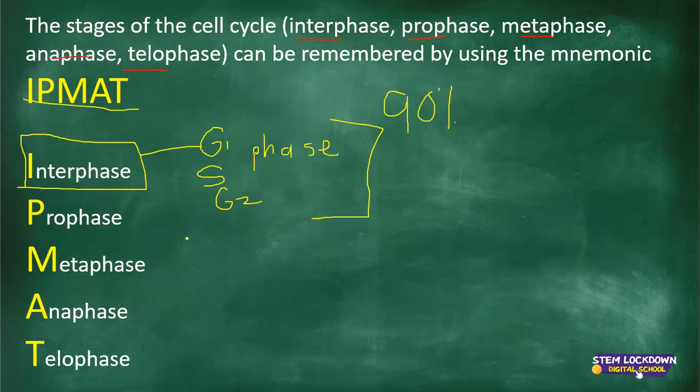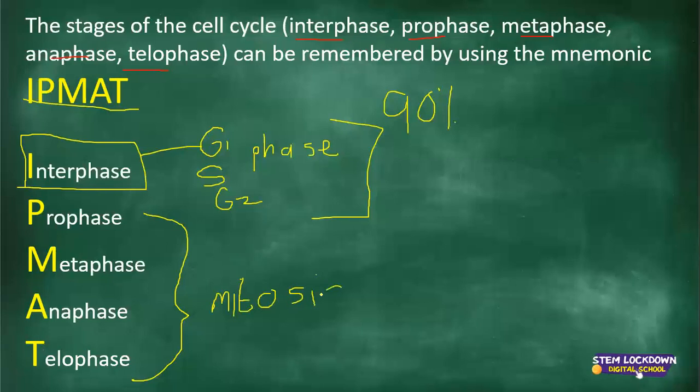And then these 4 fall part of mitosis, which is the first part of the mitotic phase. The last part in the mitotic phase is the cytokinesis. So the remaining 10% is accounted for by mitosis and cytokinesis.